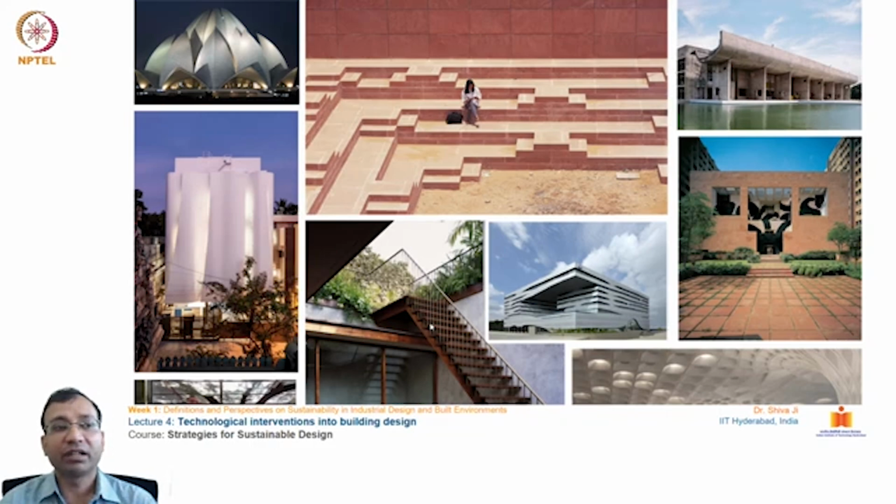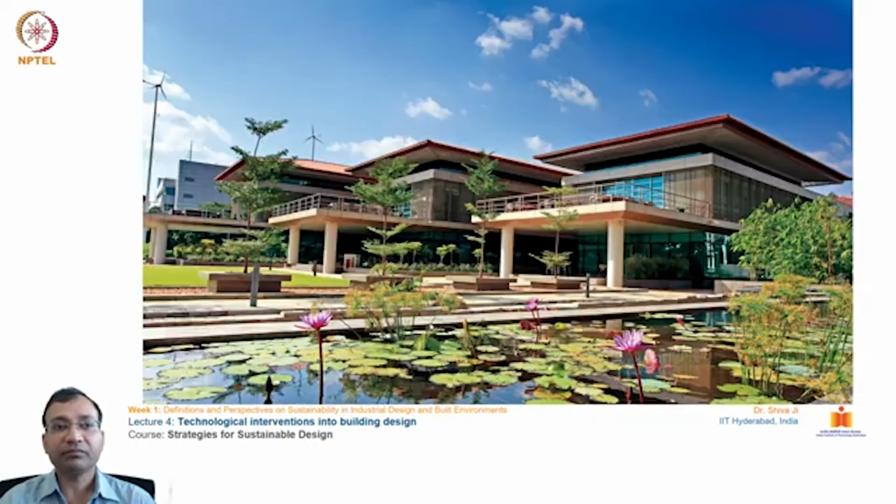And there are several other adoptions in terms of creating a sunscreen by using materials such as concrete, stone, steel, even cloth. Such are the innovative adaptations in recent times which have happened in India.